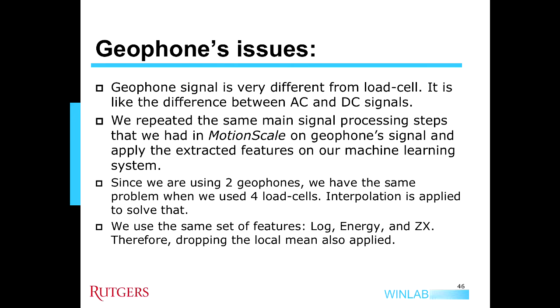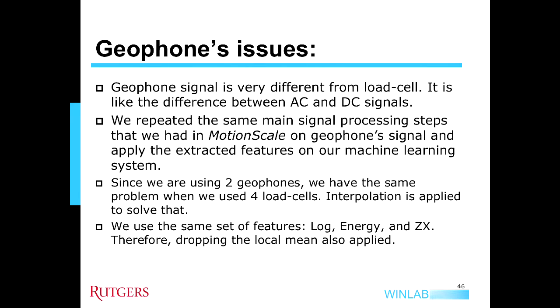A geophone is different from a load cell. A geophone is kind of dealing with an AC signal. With a load cell, we have kind of a DC signal. A geophone has some problems: it's very sensitive to any noise, it's very sensitive to any motion in the environment. So we have to deal with all of these things.